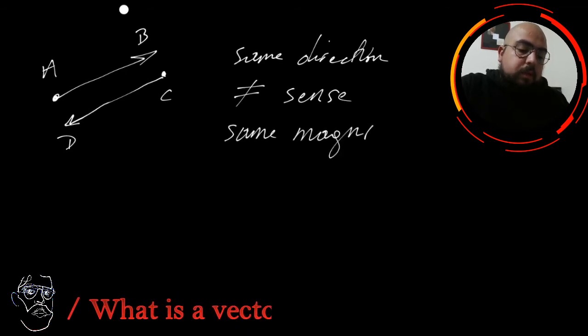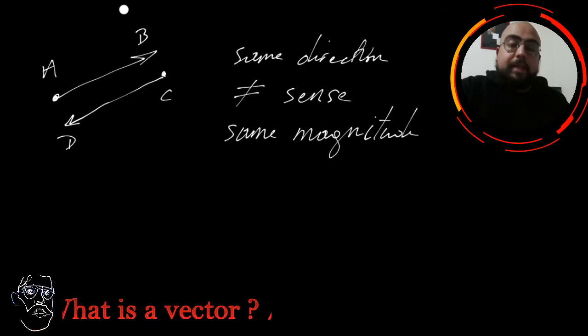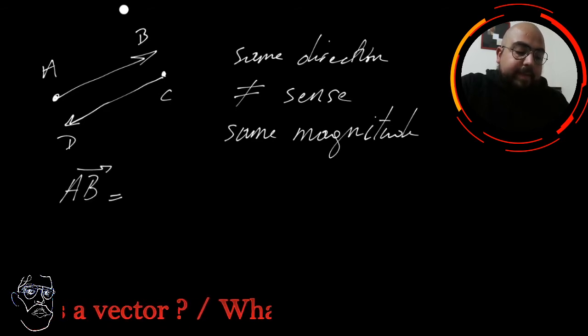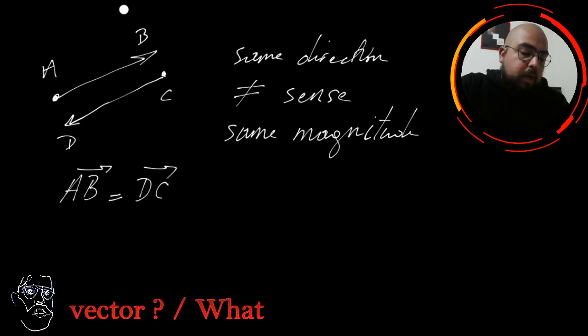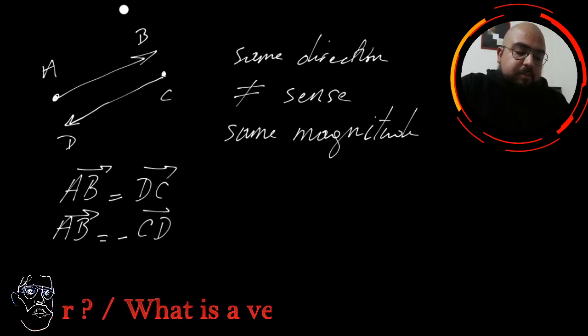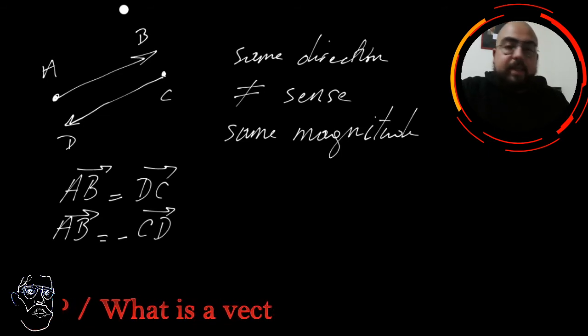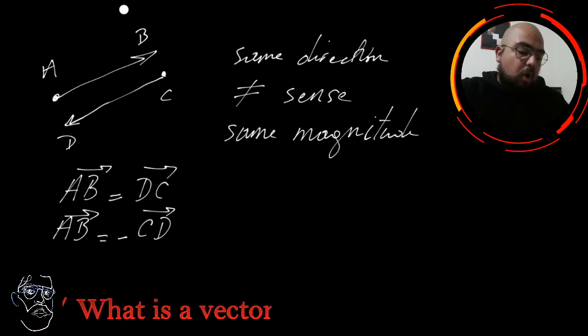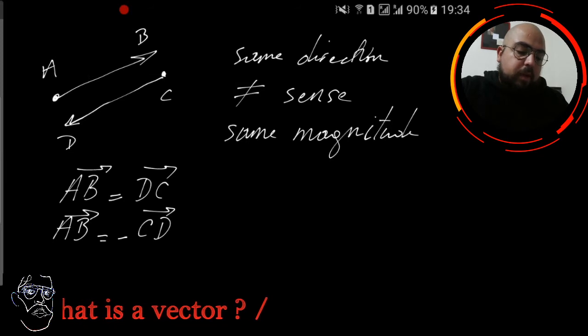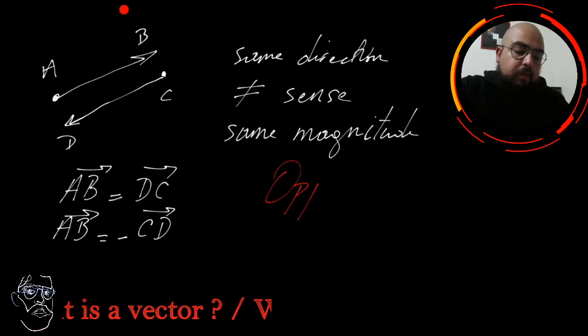So I can write a certain relation between AB and DC. I can say that AB is the same thing as DC, or AB is equal to minus CD. Since it's minus CD, it means that these are opposite vectors. So in this case, I will write it down as two opposite vectors.